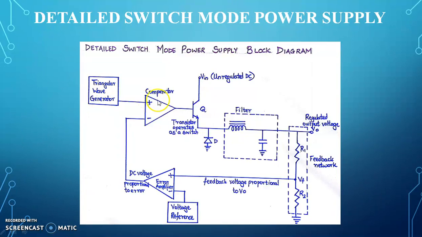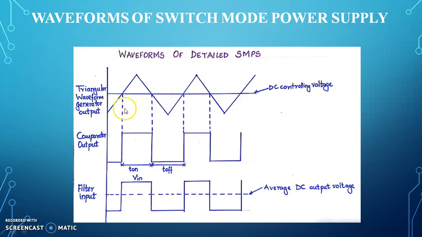So we'll see the waveforms. So this is the triangular waveform and this is the DC voltage. These two waveforms are given to the transistor.